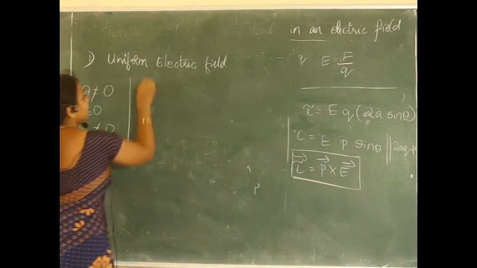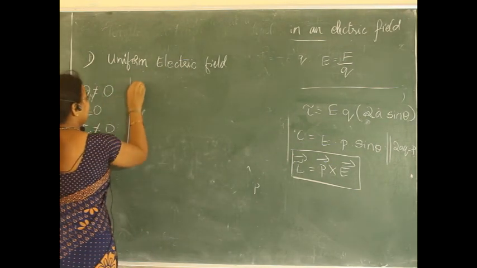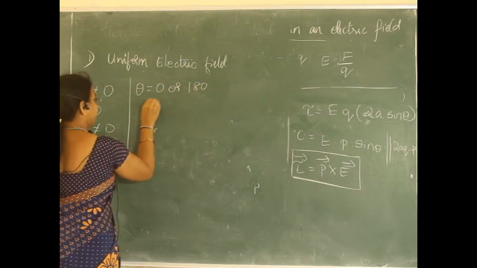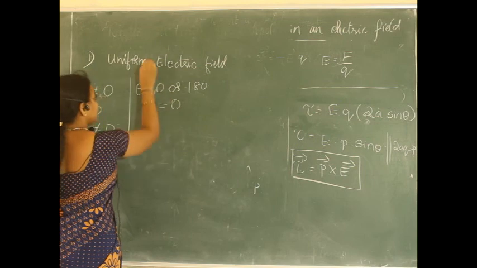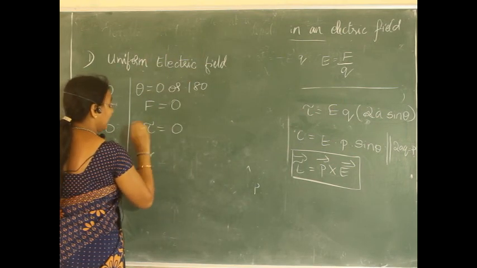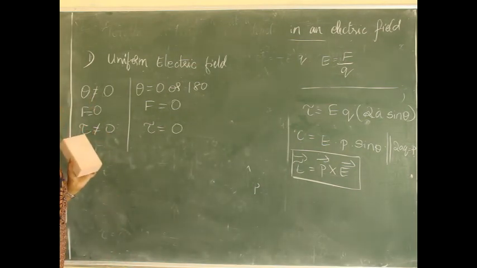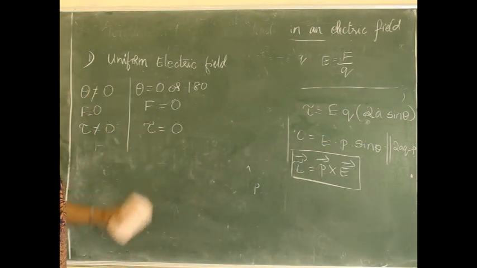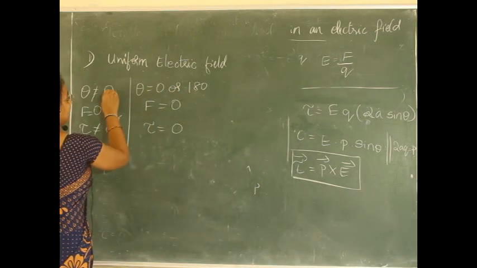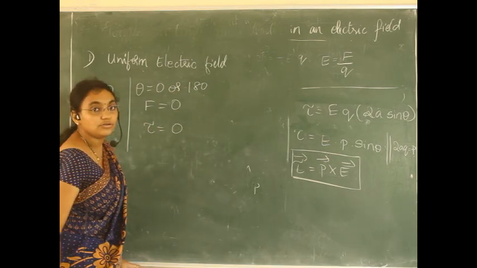Second condition, uniform electric field itself, but theta is equal to 0 or 180, F is equal to 0 because electric field is uniform, but here tau is equal to 0, unlike the earlier case. See the difference, you should know, for tau equal to 0 or not equal to 0.